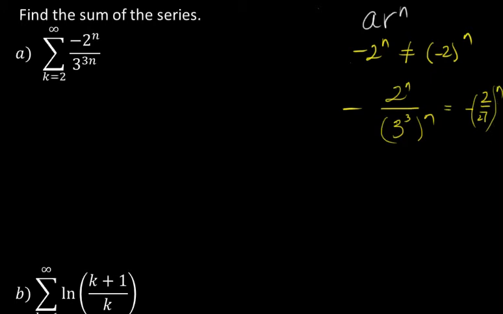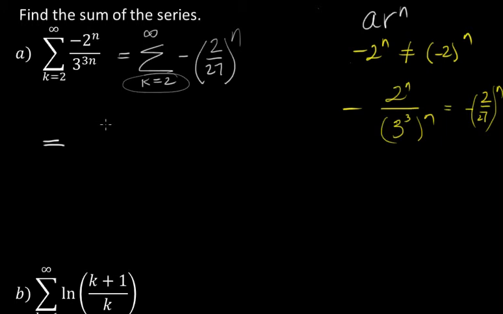And so we have minus 2 over 27 to the n. And this series then, we would rewrite it as the sum from k equals 2 to infinity of minus 1, that's our a, and 2 over 27 is r. It is less than 1, and so this does converge. And it will be equal to the first term.